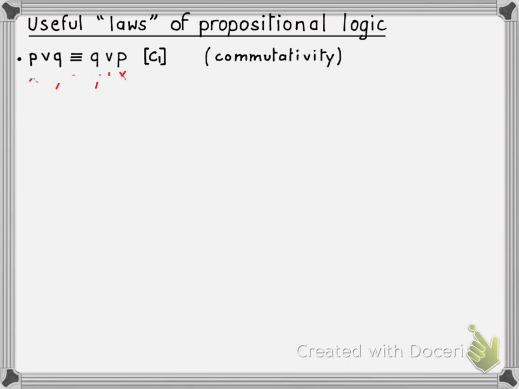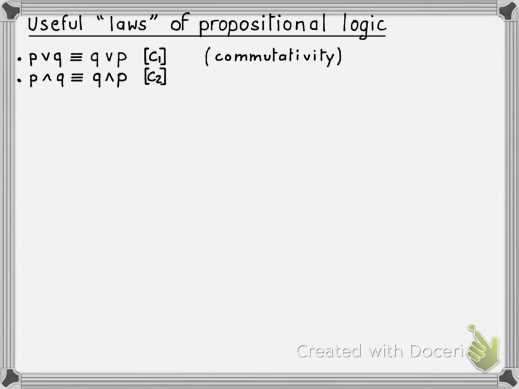Now let's erase this arithmetic expression, and let's consider a second law of commutativity, namely the one that applies to conjunction. Let's call it C2, which states that P and Q is logically equivalent to Q and P. Again, the intuition for why this logical equivalence is true should be pretty straightforward.